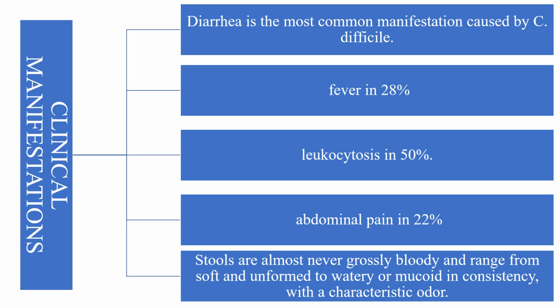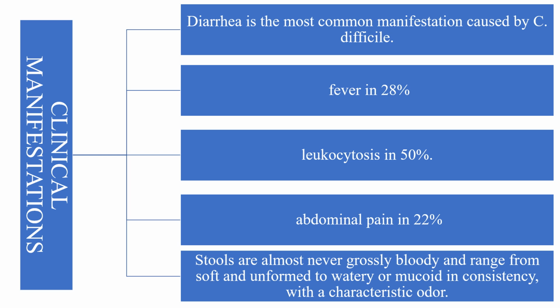And now we discuss the clinical manifestations of infection with Clostridium difficile. Diarrhea is the most common manifestation caused by Clostridium difficile. Fever is present in 28% of patients and leukocytosis in 50% of patients.